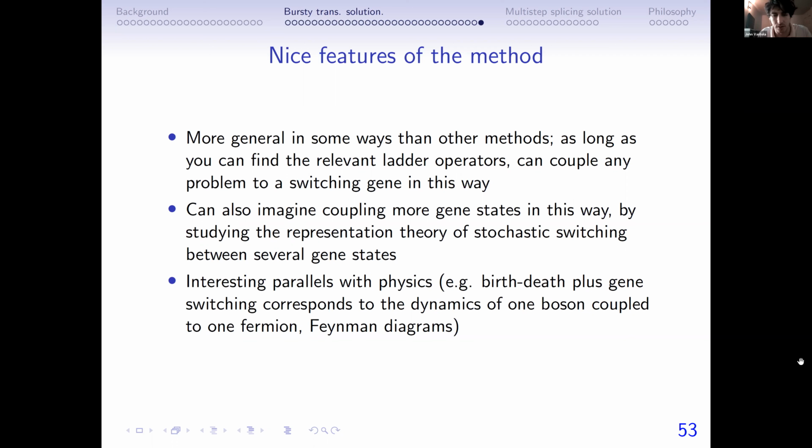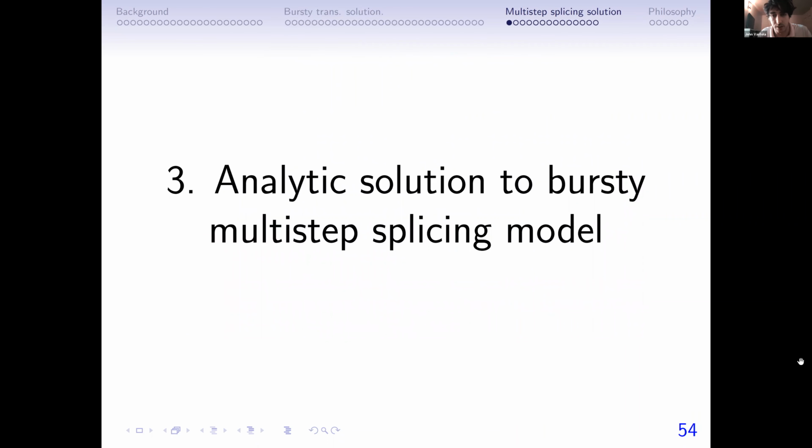And there's some nice parallels with physics. For example, birth, death plus gene switching somehow mathematically corresponds to one boson coupled to one fermion, like an electron. So kind of mysterious, but interesting. Anyway, that was that. And I think now's a good time to pause.